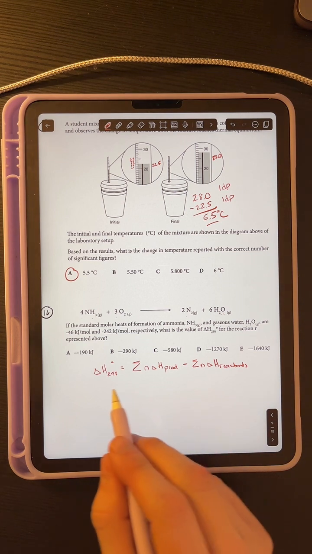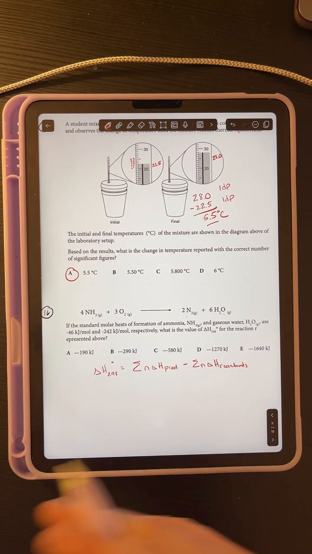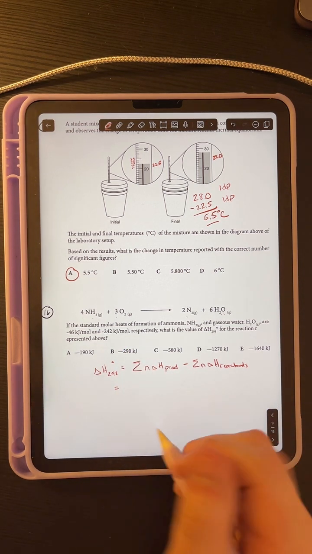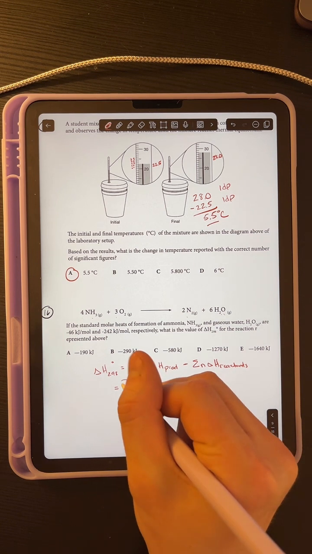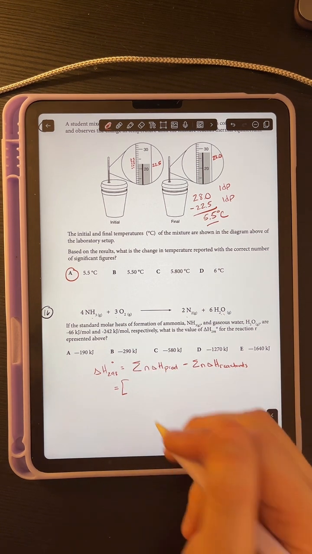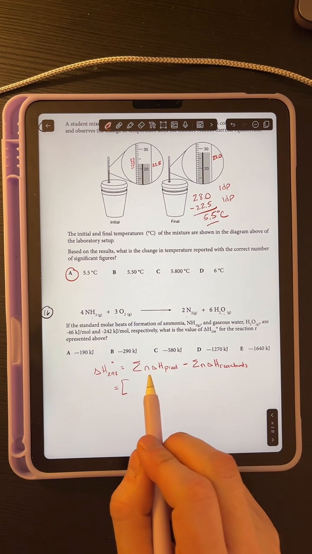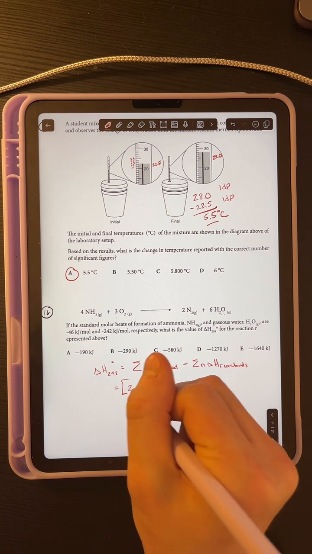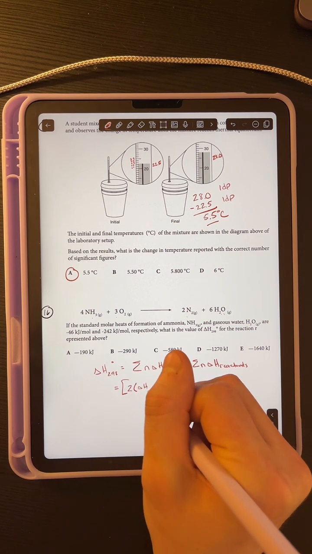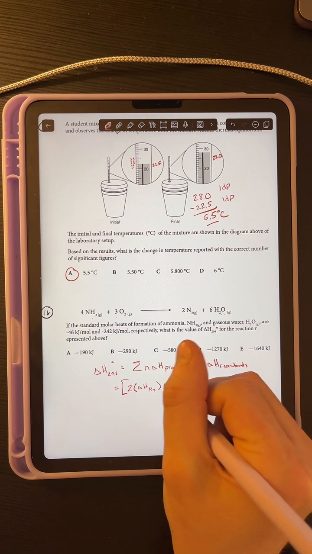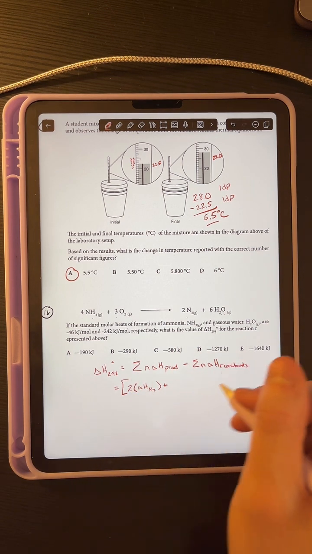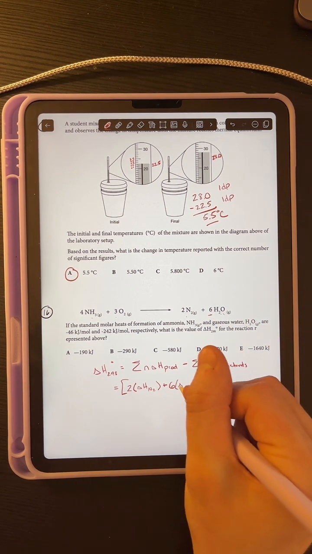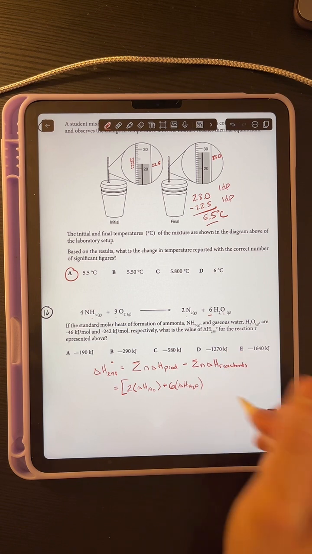Now, what we're going to do is plug these values in. Well, I'm actually going to write it out the full way first so you can see what it looks like. So we're starting with our products on the product side. We're going to start out with the number of moles of our N2, which is 2, times the delta H of our N2. And we'll add to that, because that's what the sum means, the 6 moles from the stoichiometry of our water times our delta H of our H2O.